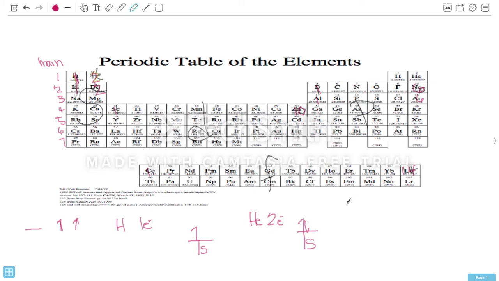Let's take a look at beryllium. Beryllium has 4 electrons. And beryllium is in the second period, so beryllium has a total of 2 energy levels. But we still have to start with the lowest energy level, which is 1.